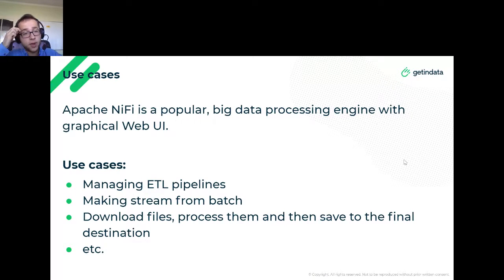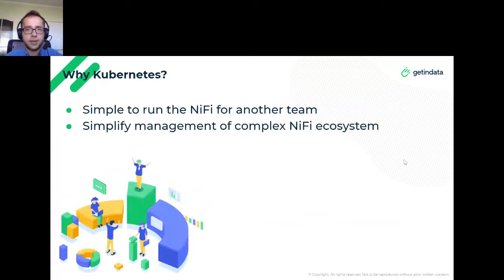NiFi is also a great tool to download files or, for example, read a file from HDFS, and based on the content of the file, run a Hive query. It's also worth mentioning that in some cases NiFi was replaced by tools like Airflow, but Airflow is a great tool for a bit different and simpler things.